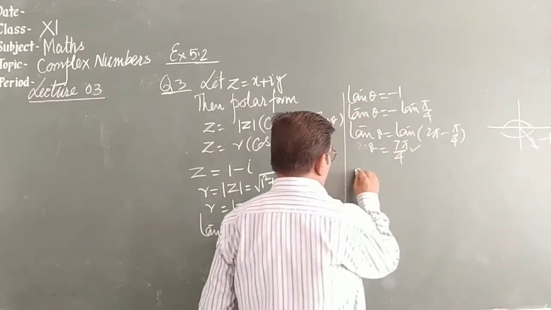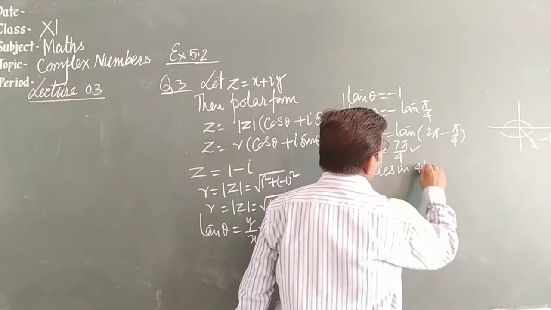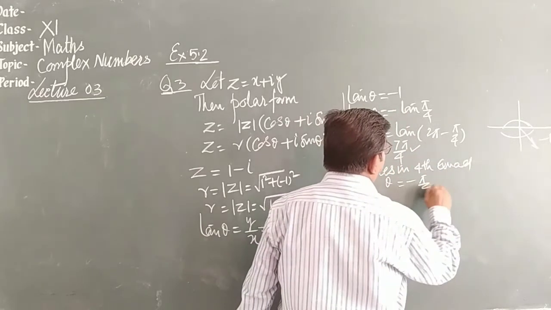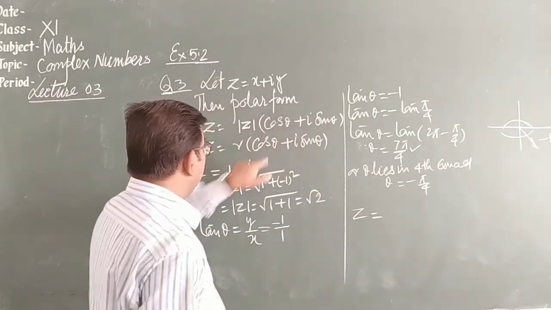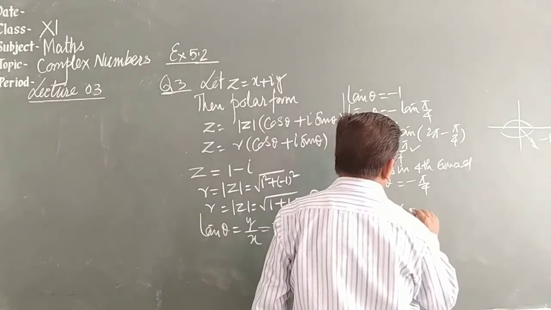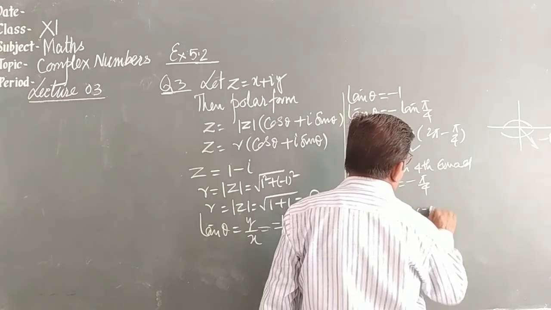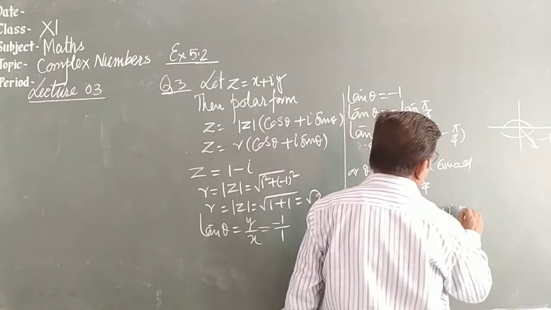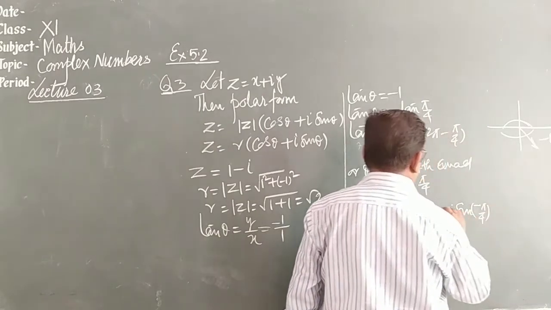So theta lies in the fourth quadrant, so theta is equal to minus pi by 4. So the complex number in polar form, write the value of r here, r is equal to under root 2, times cos minus pi by 4 plus i sin minus pi by 4. This way we can write the answer.